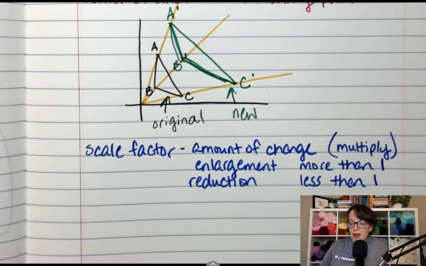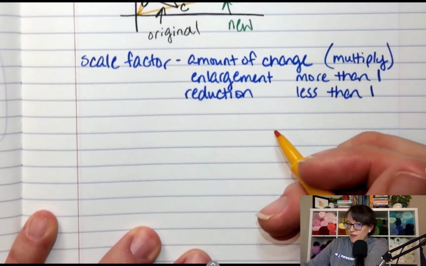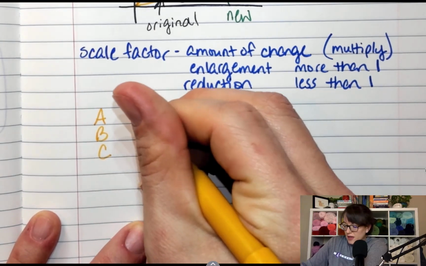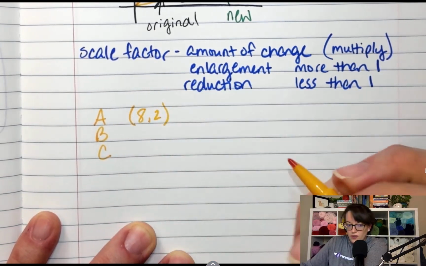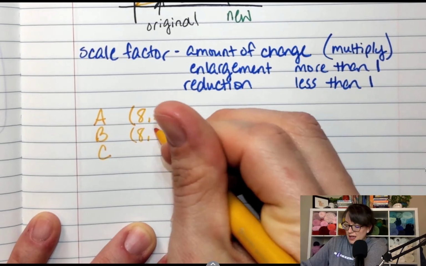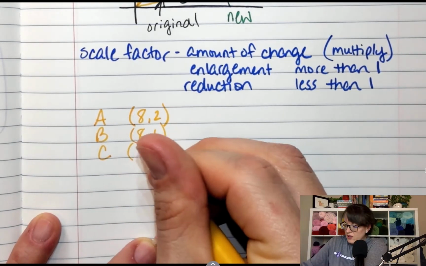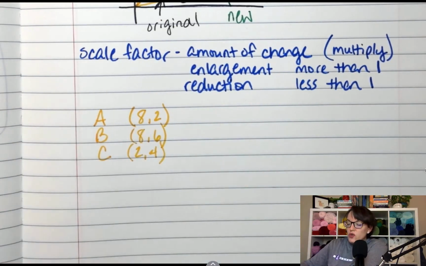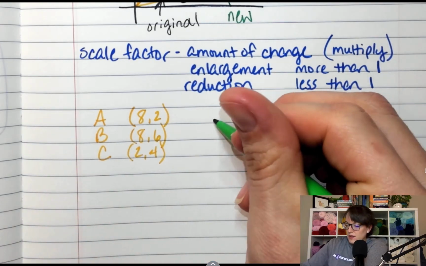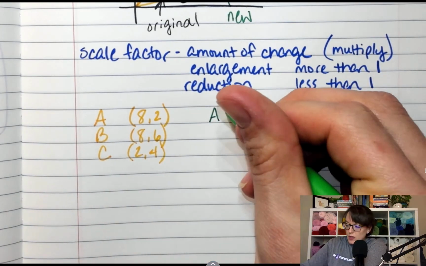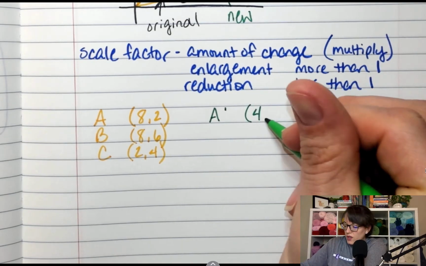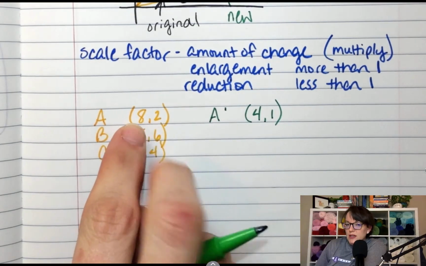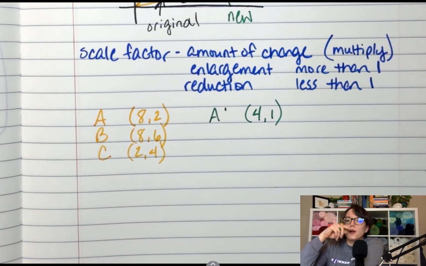Okay, here's the math part. If I had triangle A, B, C, and my coordinates were 8, 2 for A, 8, 6 for B, and 2, 4 for C, and my new coordinates for A sub 1 was 4, 1, what am I doing to my coordinates? How did I get from an 8 to a 4?